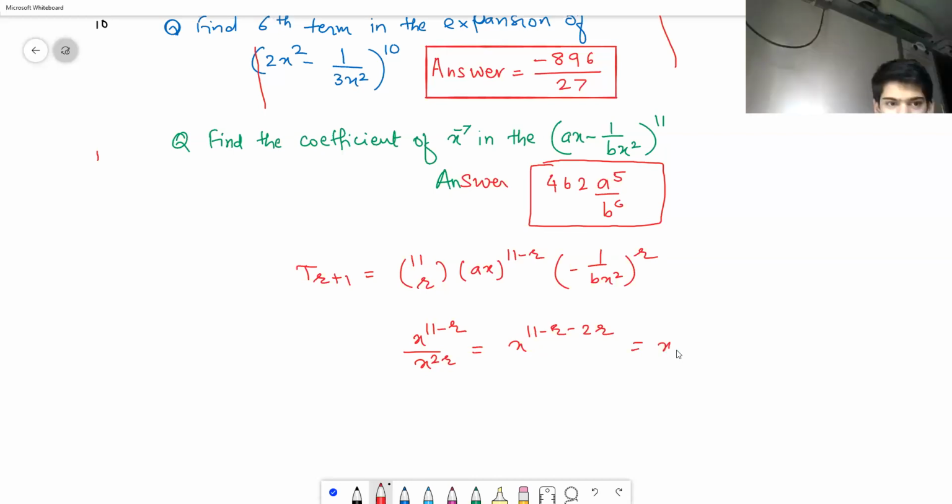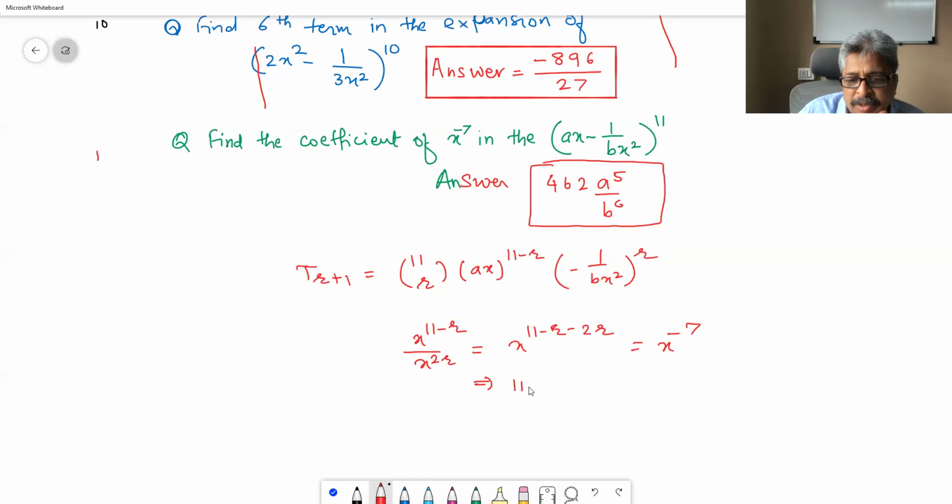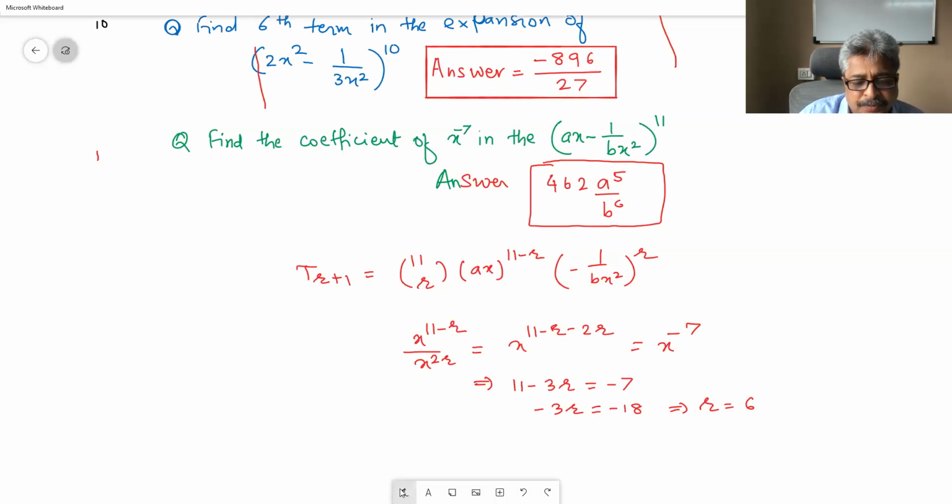Yes, sir. x raised to -7. This implies 11 minus 3r is equal to -7. Minus 3r is equal to -18. This implies r is equal to 6. That is the first part of the story. r is equal to 6.